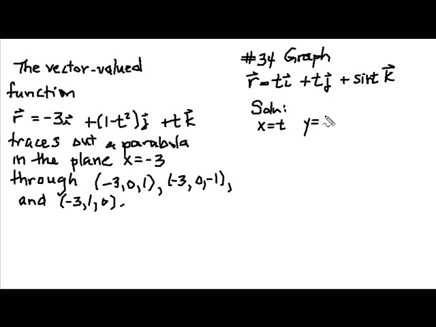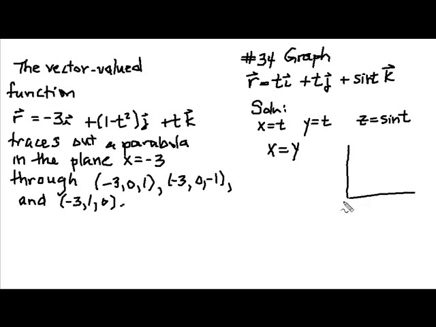One thing that I noticed that's significant here is that both x and y are equal to t, which tells me that x is always equal to y. Now in 3 space, what does that tell us if we know that x is always equal to y? So let's draw a little graph here and see if we can visualize this. Here's my x, here's my y, and here's my z.